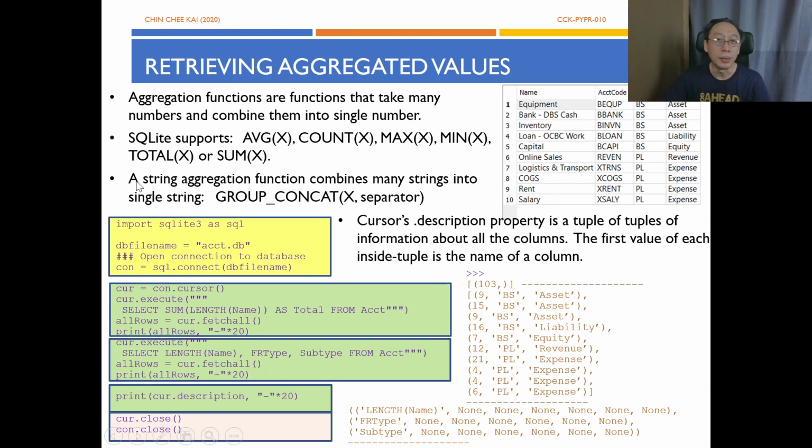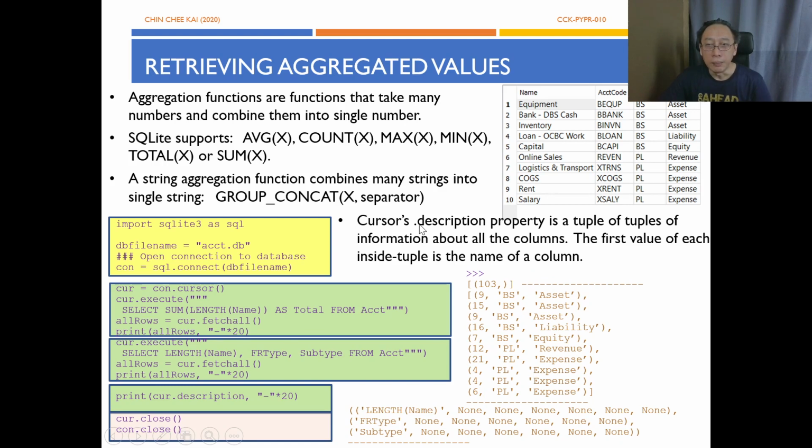In SQL, because SQL is an older language, it has a different syntax. So we have to use group_concat, not double vertical bar. This goes along well with group by and other string operations.